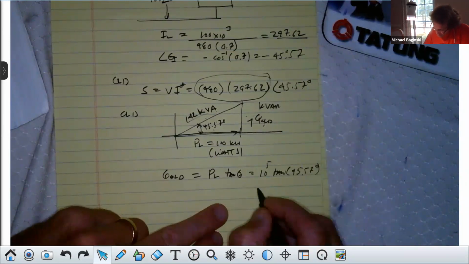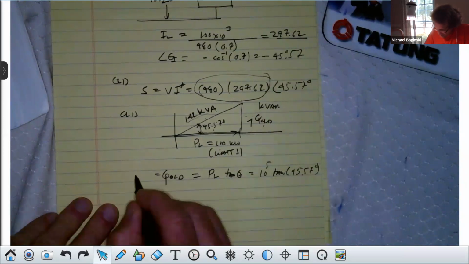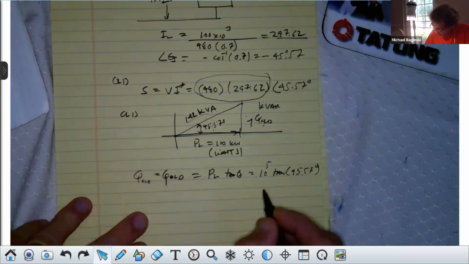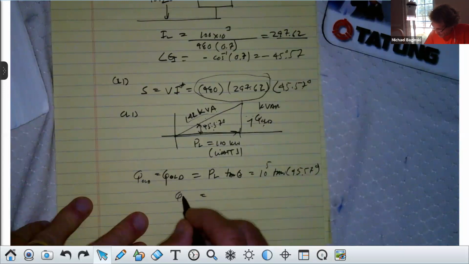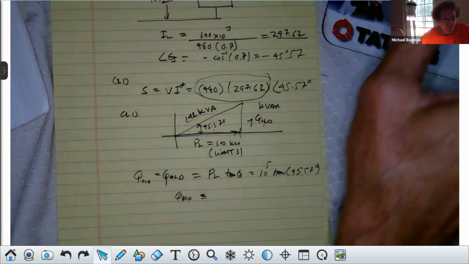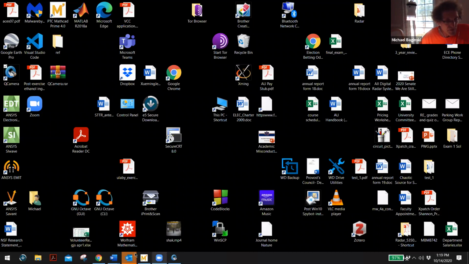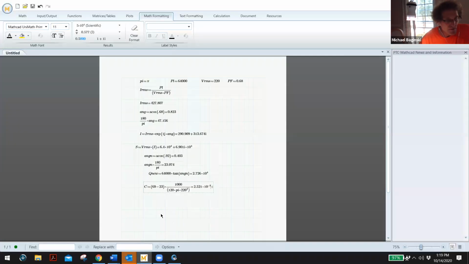Anyone? That's Q old, the symbol Q and then old. Anyone? If you got it, go ahead. I'll get it right here if you just give me 1 second. I was dealing with this earlier.